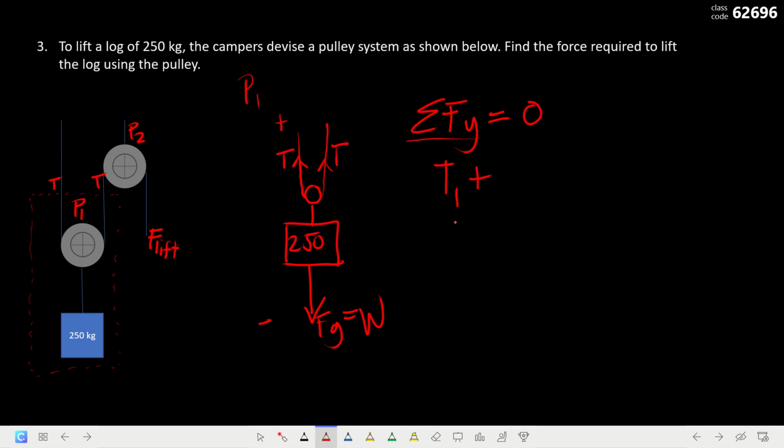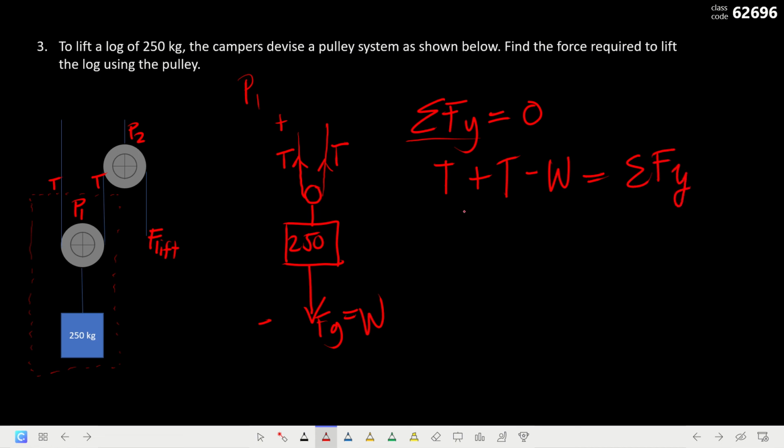Tension plus tension, so tension 1 plus tension 2. And then, since we have an opposing force, which is the force due to gravity, or the weight, we subtract the weight. That is equal to the summation of forces along y.